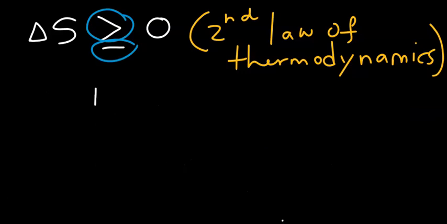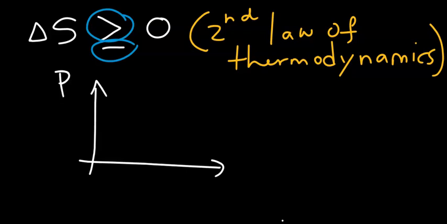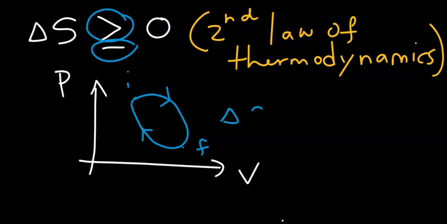An example is a reversible cyclic process. This is a pressure-volume diagram. Let's say you have the initial point, the final point, and the system evolves in the following manner. It starts and ends up at the same point. So this is a process that is cyclic and reversible, and for this process the change in entropy is identically zero.